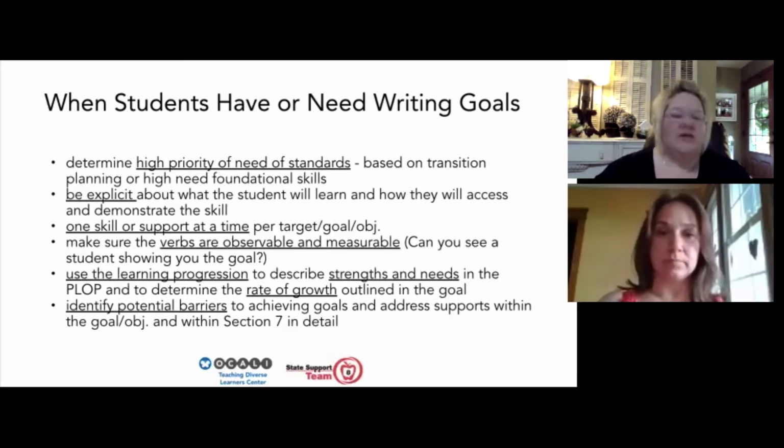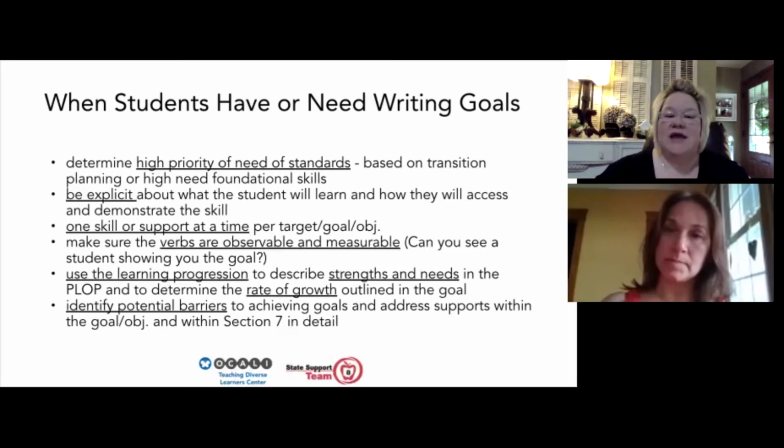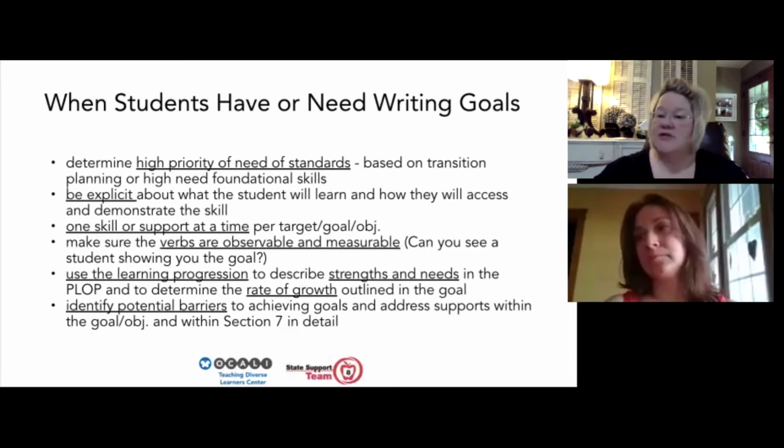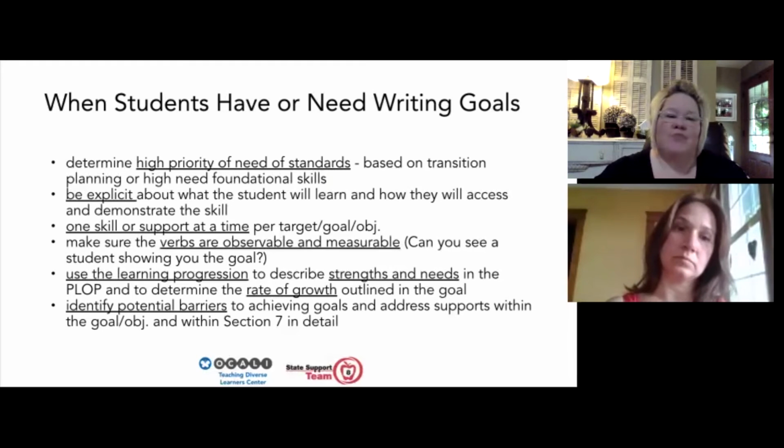We want them to have lots of growth over time and, of course, identify potential barriers and right away be very proactive in trying to overcome those barriers or address them, usually using those supports and services that we talked about in our last video clip about scaffolding student work and need.